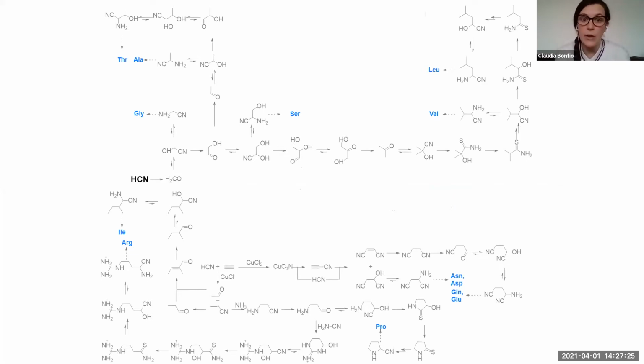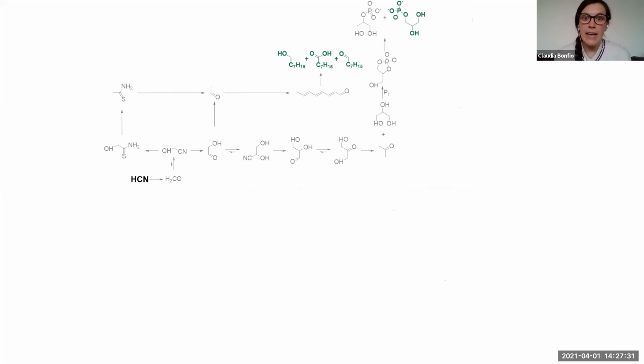And you can see that quite a lot of them would just derive from hydrogen cyanide. And also, Oliver has talked about membranes and the lipids that you need to make membranes. We talked about them this morning as well when we were talking about the lipid membrane of viruses and soap. And so from hydrogen cyanide, you can also form lipids.